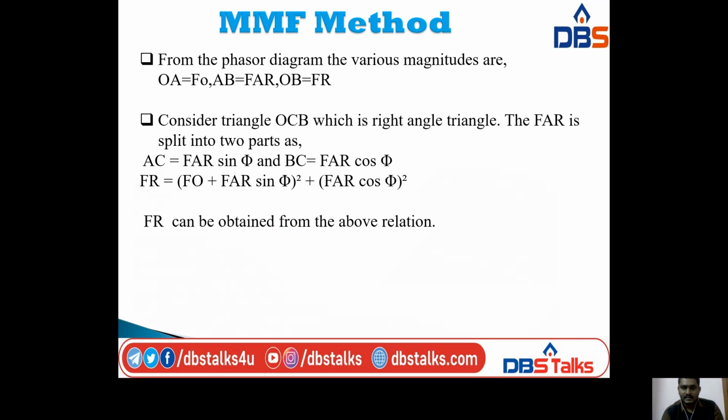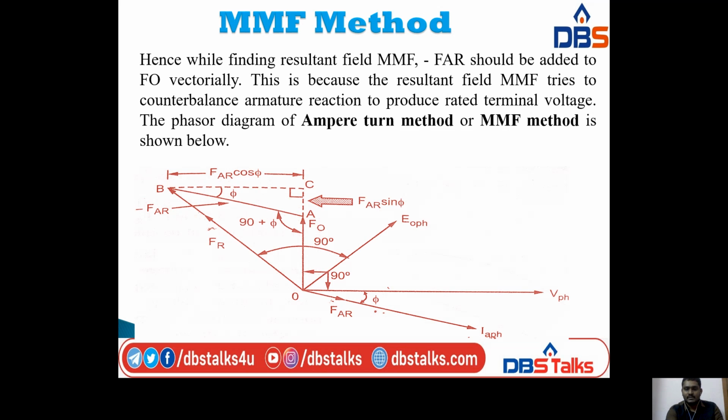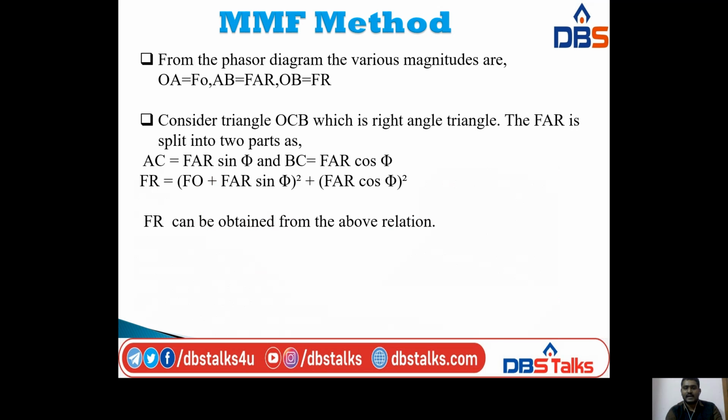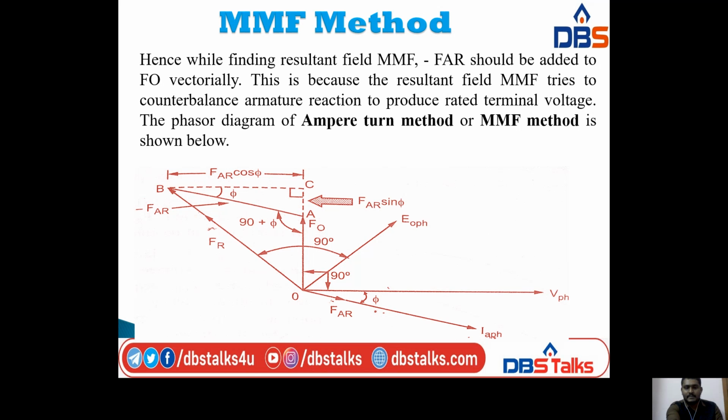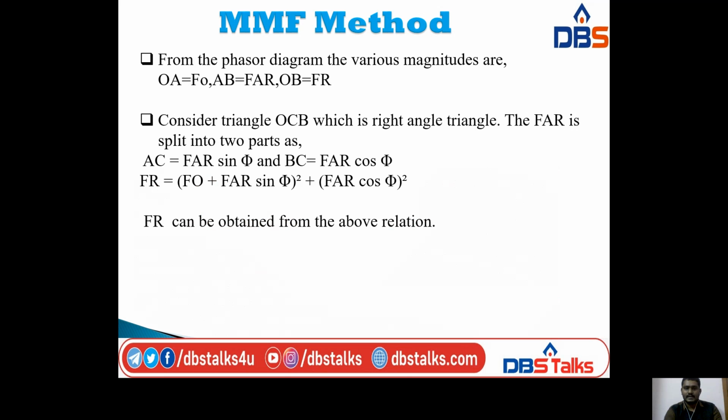From the phasor diagram, the various magnitudes are: OA is equal to F naught, and AB is equal to FAR. OB is equal to FR, that is the resultant field MMF. Now consider the triangle OCB.